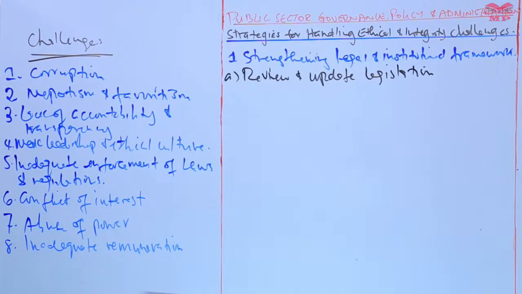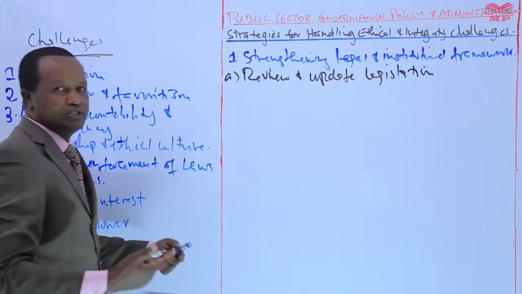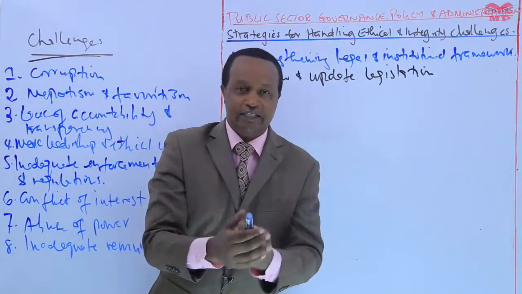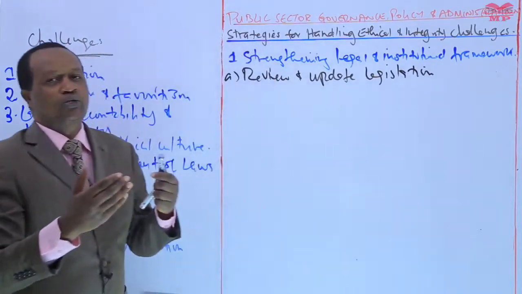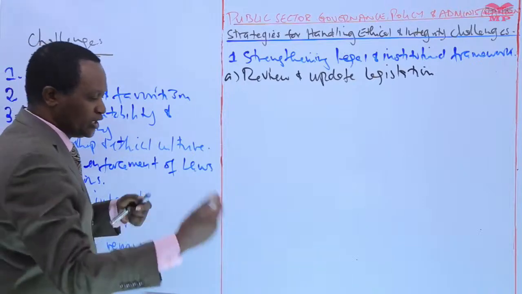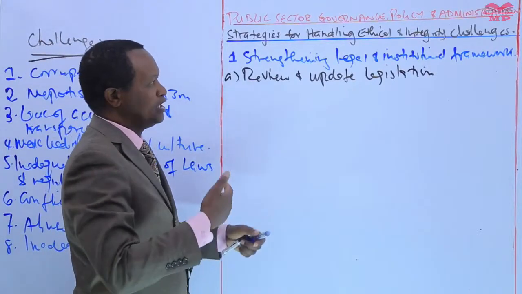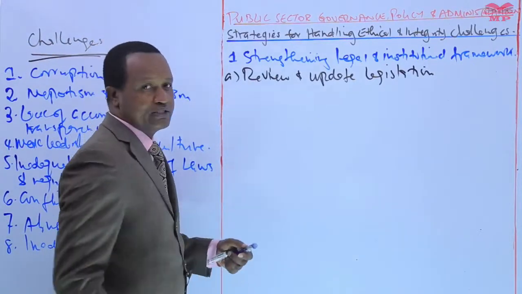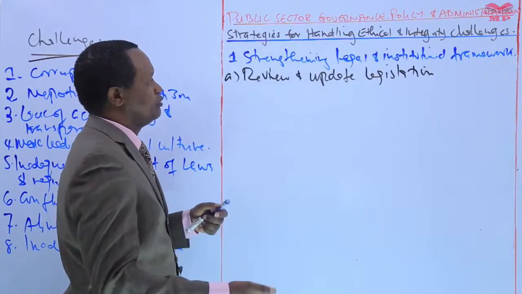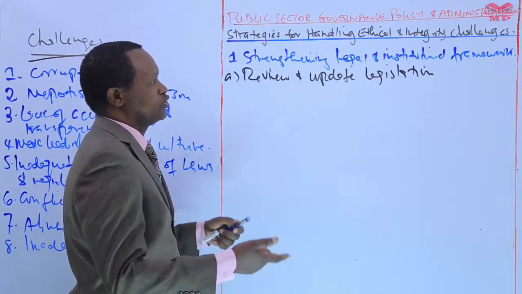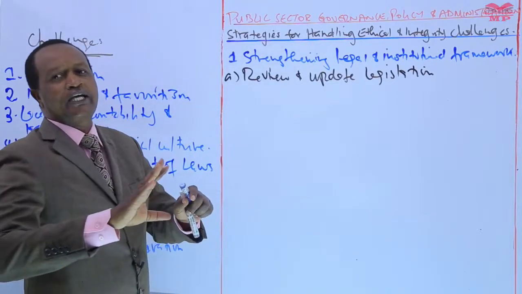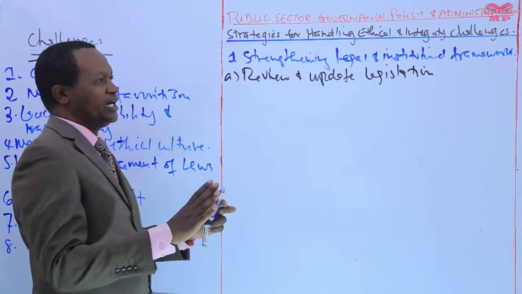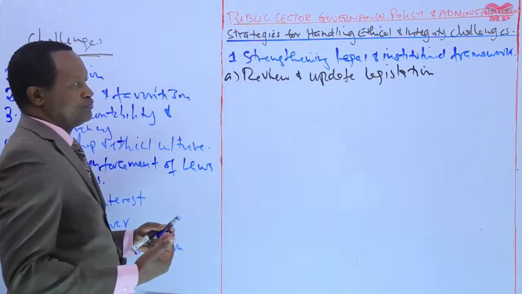Laws and regulations governing ethics and integrity in the public sector should be regularly reviewed and regularly updated to address emerging challenges and loopholes, because the corrupt are always updating their corrupt ways, and therefore there has to be a way in which legislation is also updated and reviewed in order to take care of the emerging challenges and loopholes in legislation.